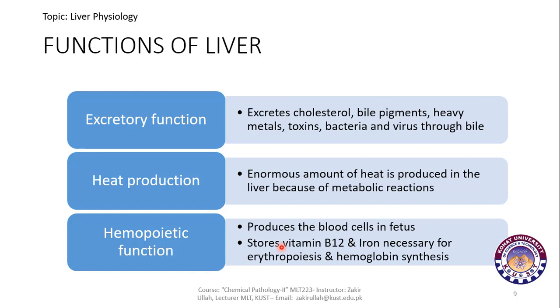This vitamin B12 is necessary for the erythropoiesis, for the production of red blood cells, and vitamin B12 is important in the synthesis of hemoglobin. So liver also has a very important role in the generation of the blood cells.